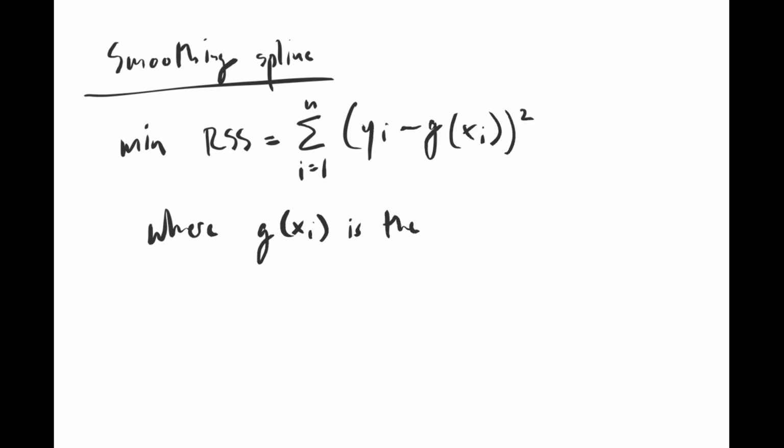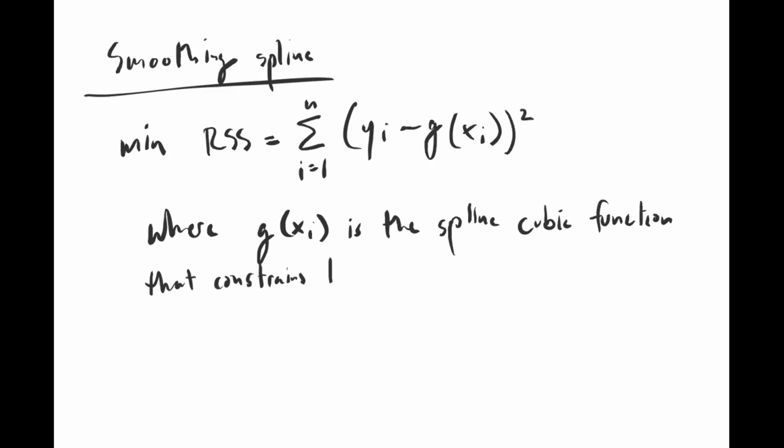It is the cubic spline function that constrains the first and second derivatives to be continuous.